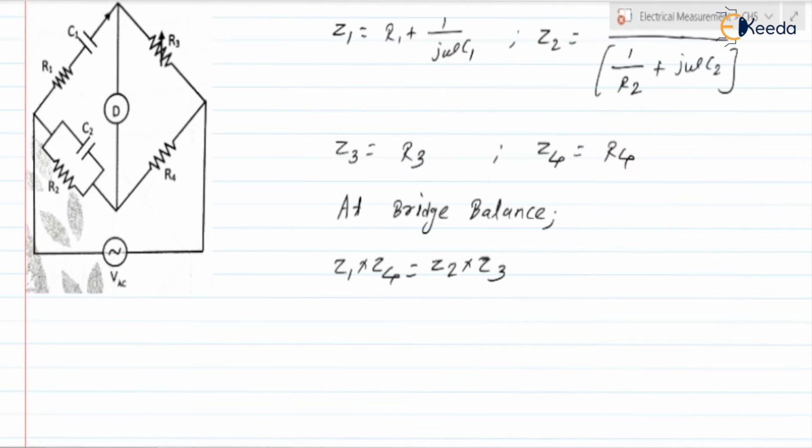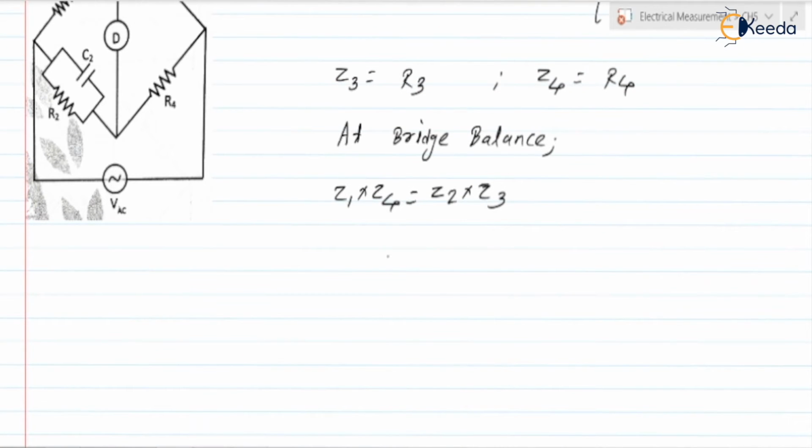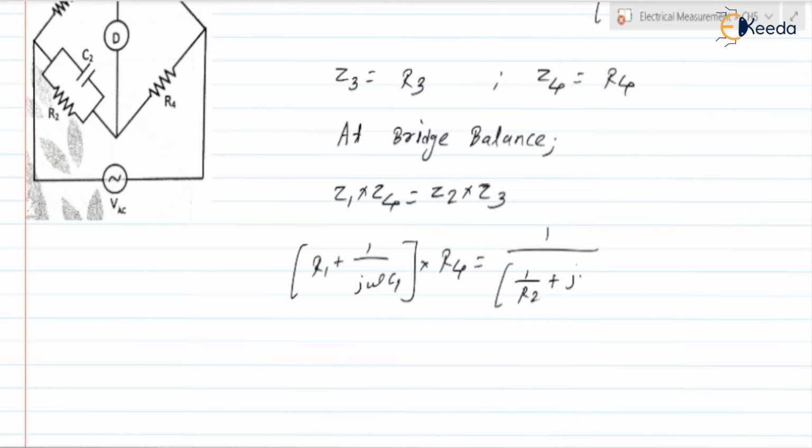So Z1 is R1 plus 1 upon j omega C1, into Z4, that is R4, is equal to Z2, that is 1 upon (1 by R2 plus j omega C2), into Z3, and Z3 is nothing but R3.